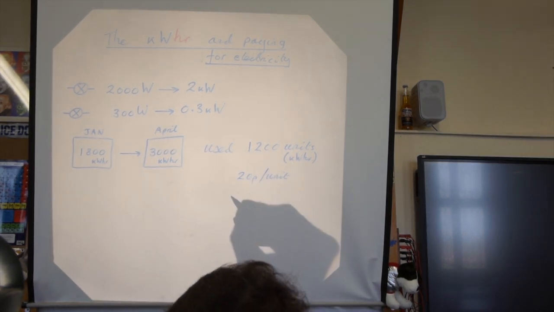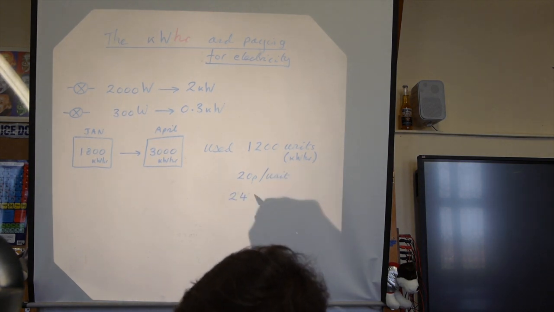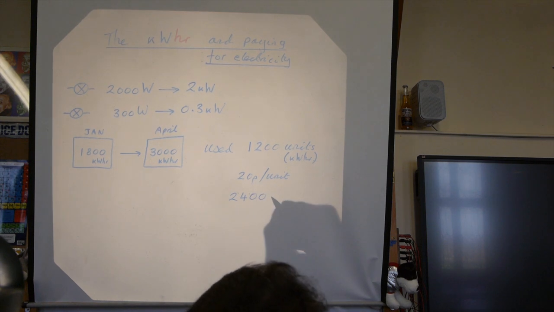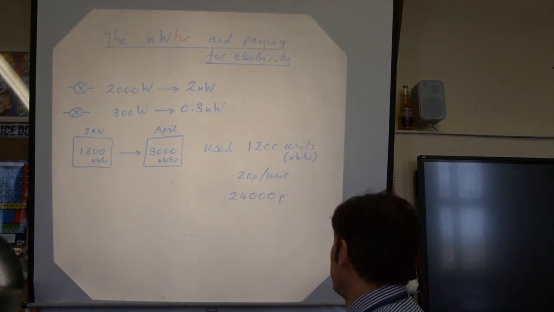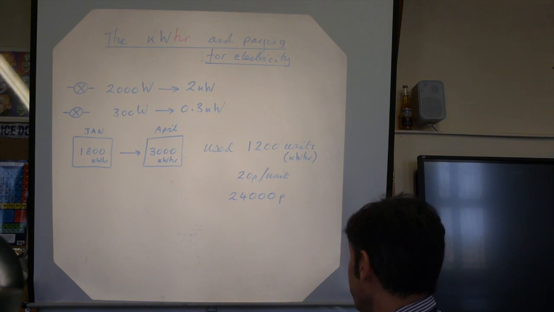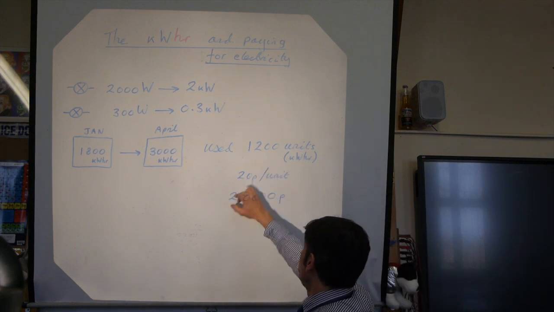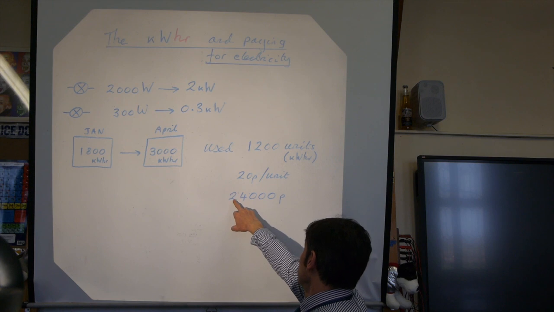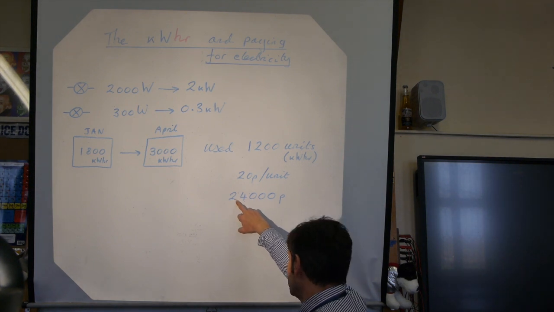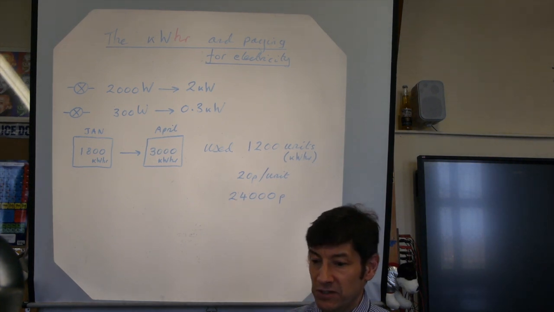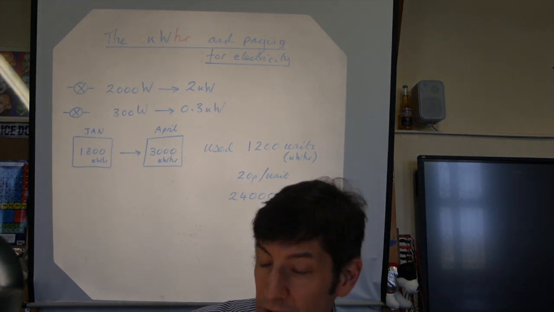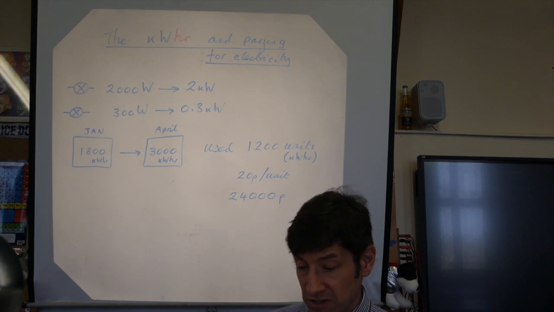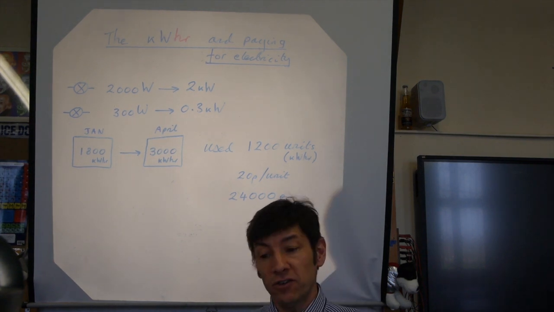So 2 times 12 is 24. Doubling that, but it's 20p, so we add another 0. So that's what your bill would be: 1,200 times 20, 24,000 pence. Yes, you can put that into pounds, £240 if you want, but I would keep it all in pence.